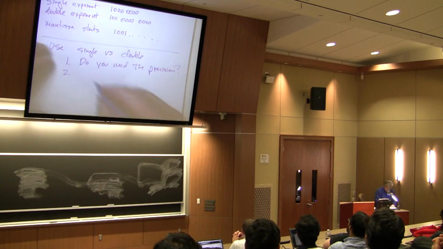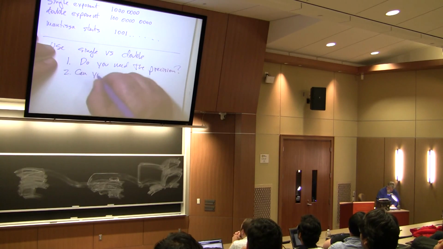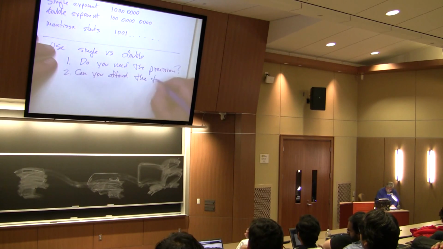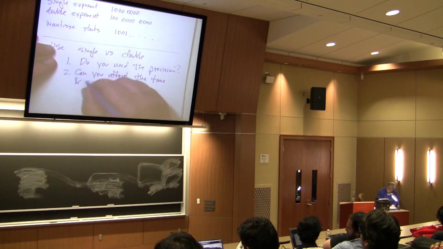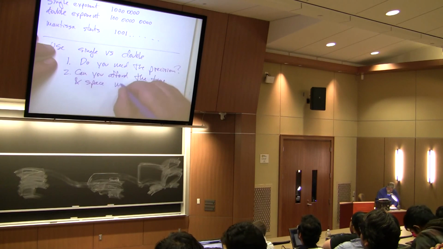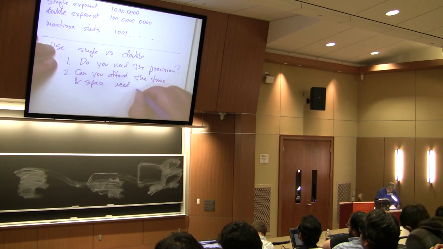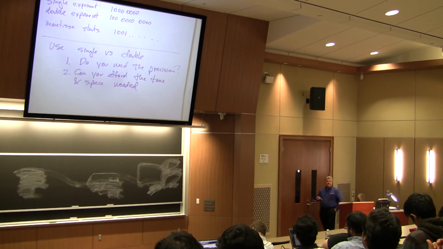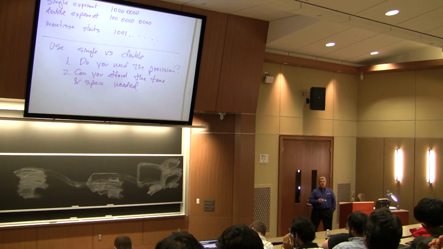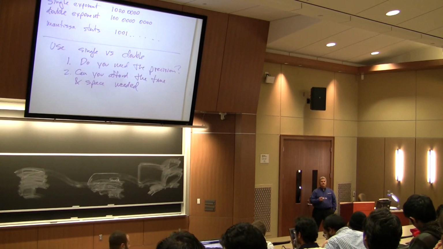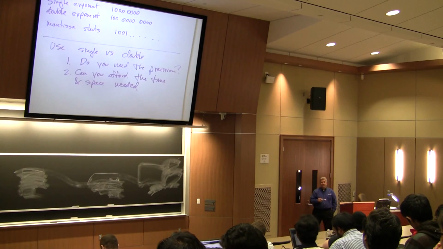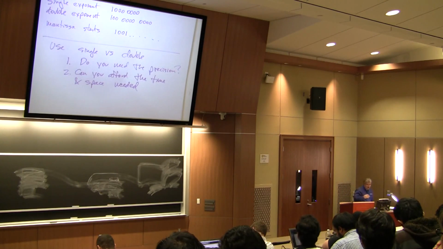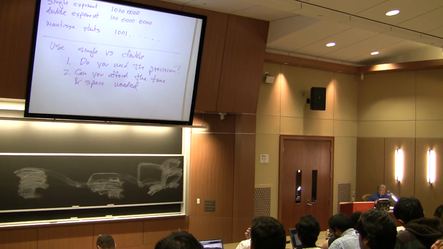The other is, can you afford the time and space needed? And from that respect, this is maybe something you should ask about: do you use floating point versus integer numbers anyhow? So what if you actually identify the temperature and you only need tenths?